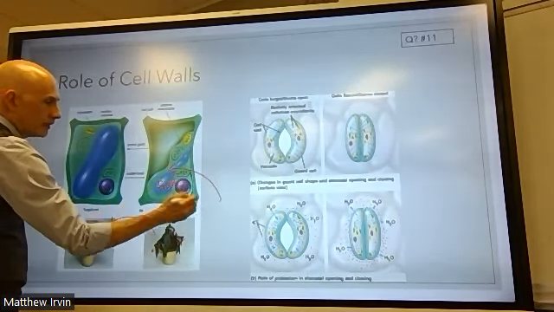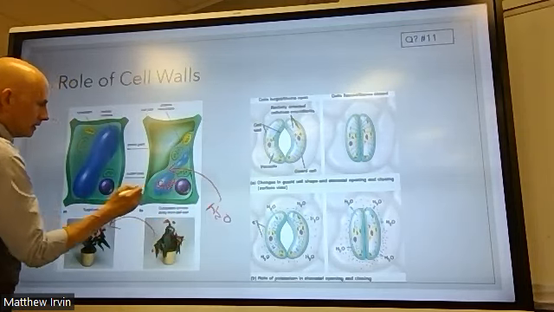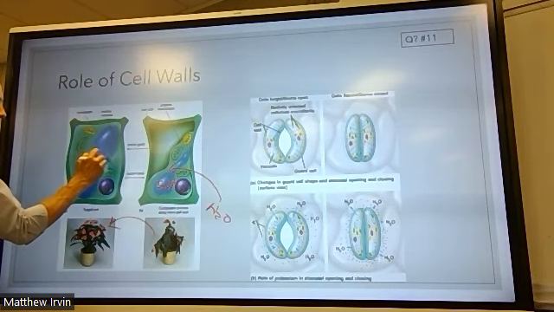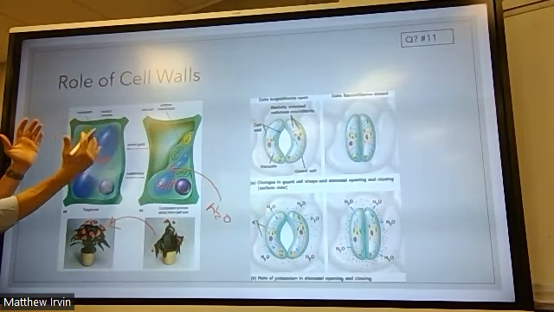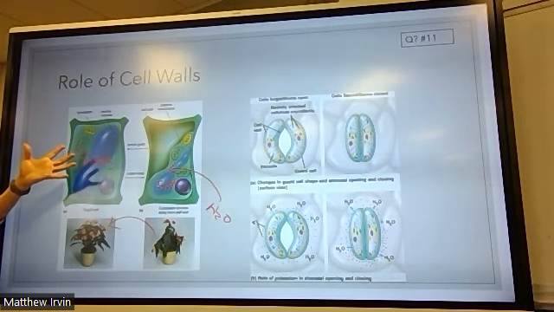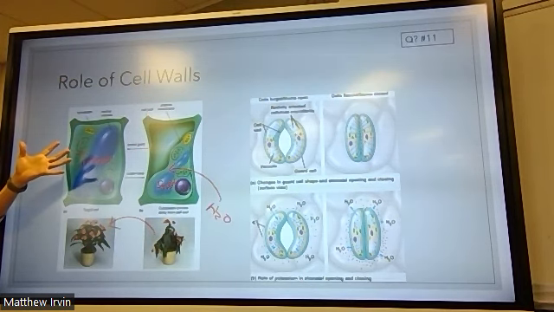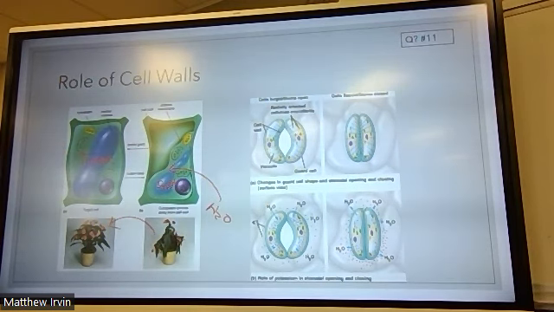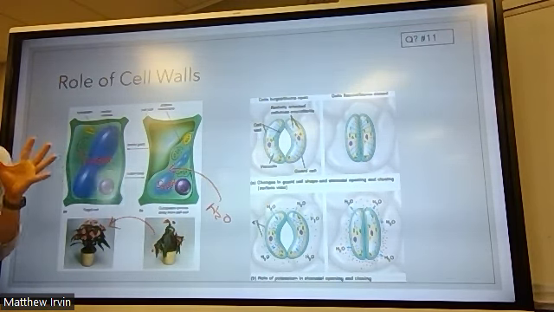So then water follows the salt. And then this builds up your turgor pressure, pushes on the cell wall, and then that gives the rigidity and the support for the plants. If this was an animal cell and you did not have that cell wall, what's going to happen when you have too much water entering? Right, it's going to lyse and explode.